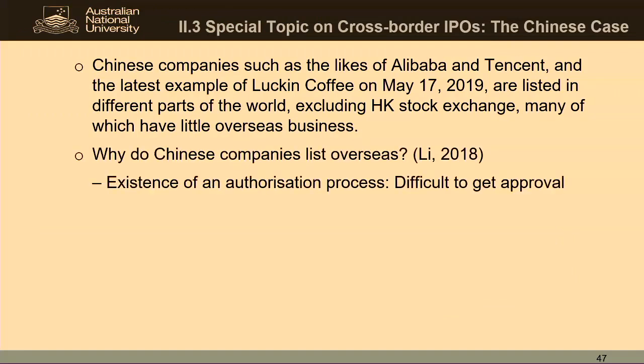It goes very much as why the other companies go overseas, but with the Chinese case, there are additional flavors. So the first idea is that there is a very difficult process to get listed on the Chinese stock market. It is notorious that you have to jump through a lot of hoops.